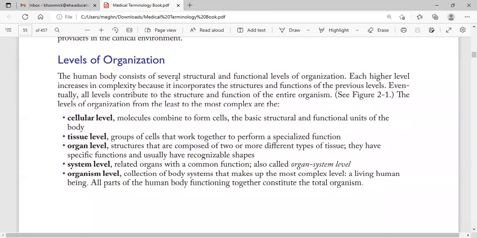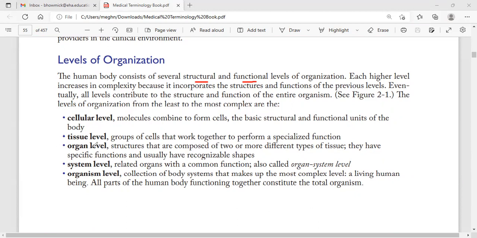Next, they said levels of organization. The human body consists of several structural and functional levels of organization. So here are the two keywords. One is structural, other is functional, right? For example, the cell. Cells put together make a tissue, and tissue put together for a particular function make an organ, right?